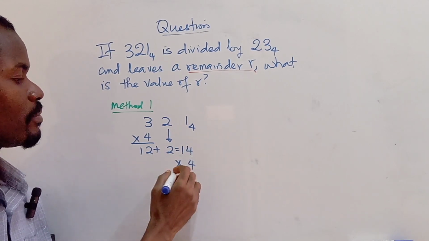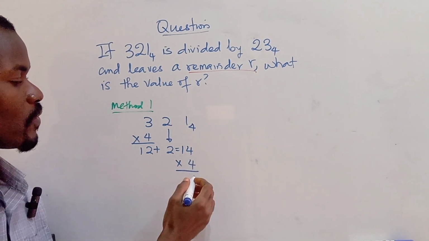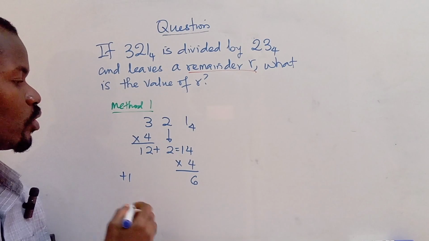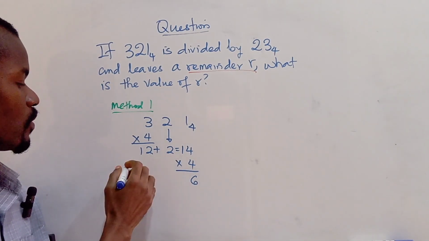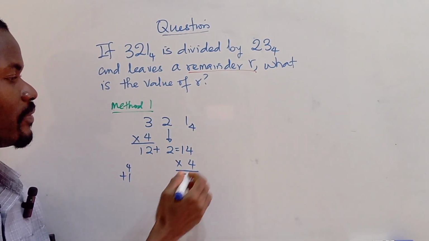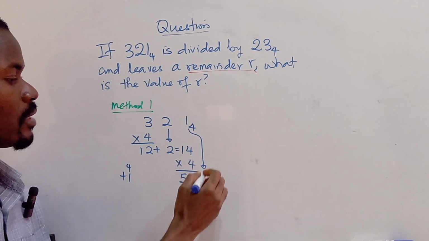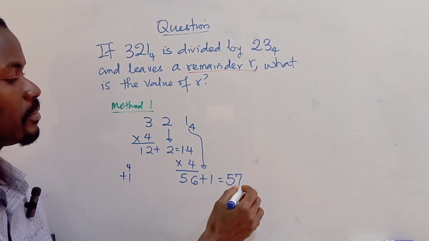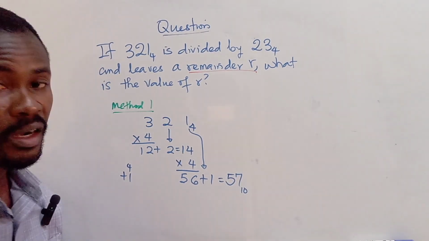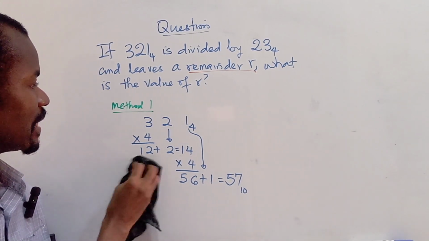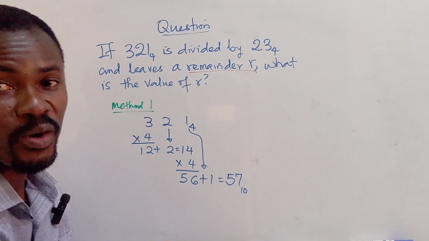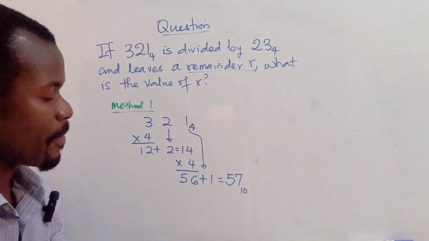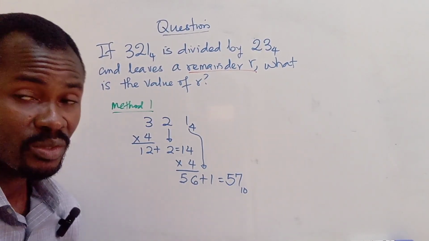I'm going to times again by 4. 4 times 4 is 16, we have 1, 4 times 1 is 4, if we add it up it's 5. Now we are going to bring this down, so plus 1. So we have 57 base 10. So our 321 base 4 is 57 base 10.